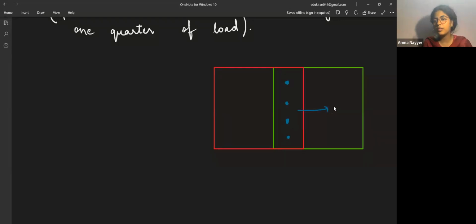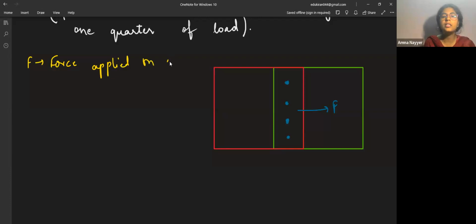So force is being applied over here. Now see, I have assumed that F is the force applied on the metal strip. So how much is the force on each rivet?